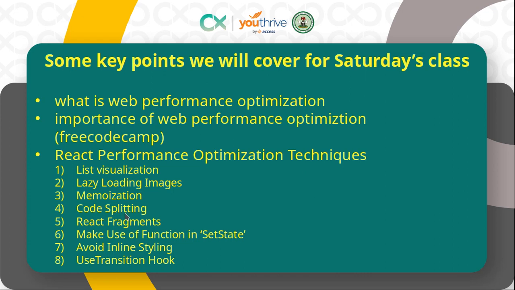Then the code splitting has to do with what we've already learned, when we learned about trying to break your code into reusable components. Then also using your own custom hook can also help in the code splitting. Then using the React fragment, so you are used to this one, and making use of the function in useState.